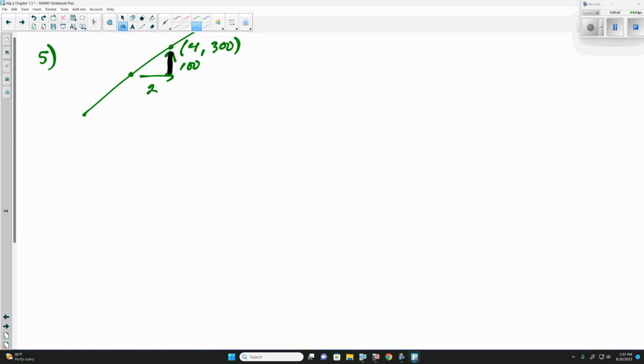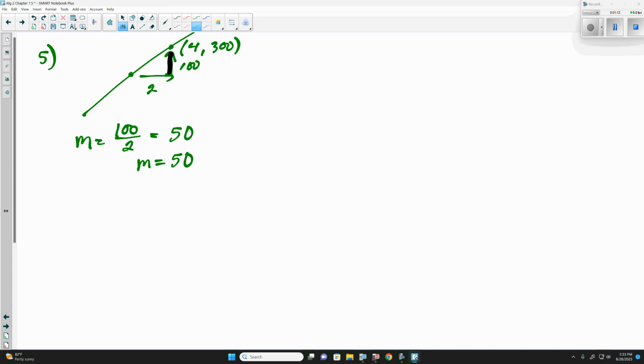So if we wanted to use rise over run, the rise is positive 100, the run is 2. So we can use rise over run. 100 divided by 2 is 50. So the slope is 50. Now, we'll interpret the slope first, then we'll find the equation.